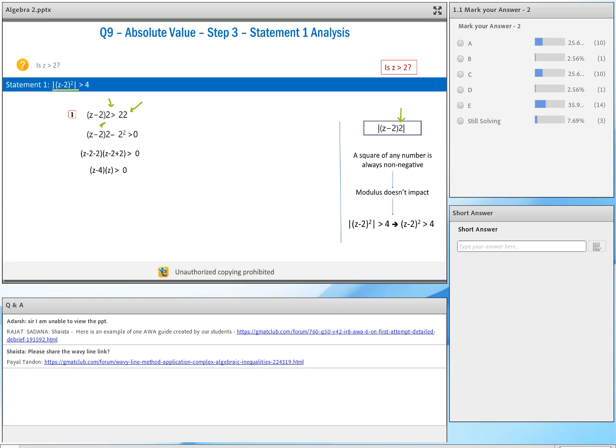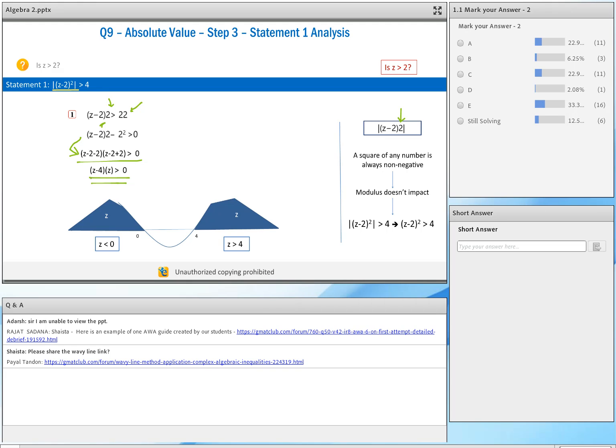All I'm doing is simplifying this quadratic inequality so that I can solve it. I'm applying the a square minus b square equals (a minus b)(a plus b) formula here, and what I end up getting is (z minus 4) into z is greater than 0. Which means that if I plot it on the number line, this is what I get.